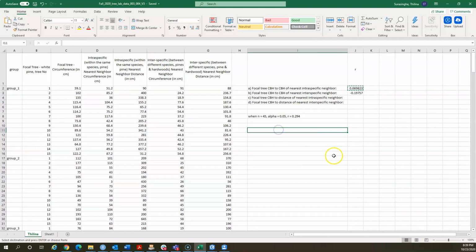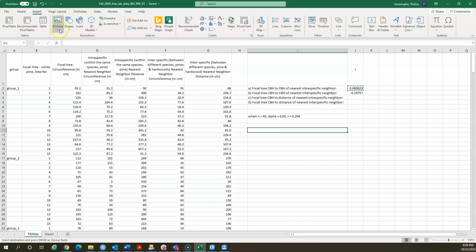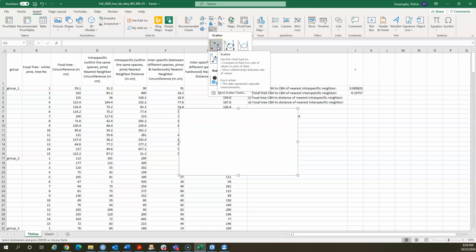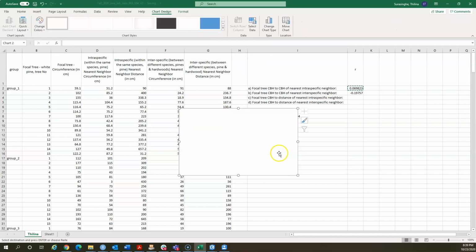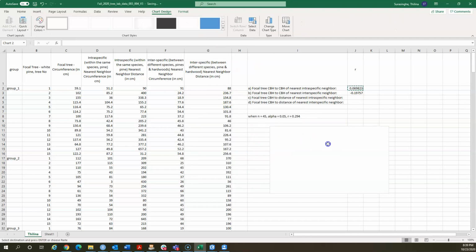Put your cursor somewhere else, and go to Insert, and in this chart options, pick the scatter plot option. When you hover around this one, it will say insert scatter. Then pick that particular one, and it will actually create an empty graph.